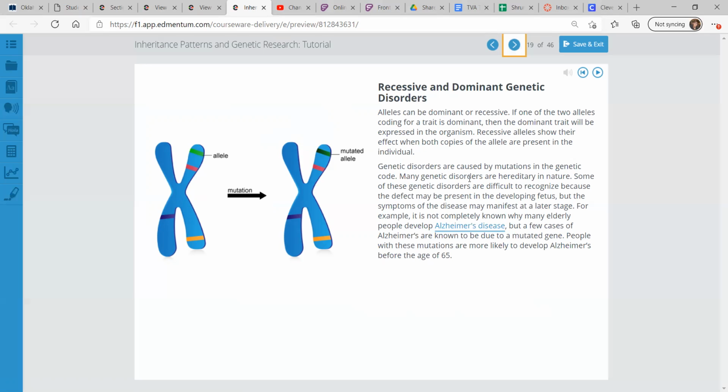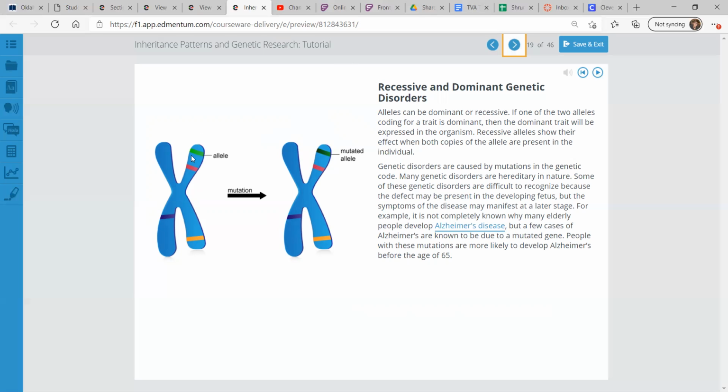For example, it is not completely known why many elderly people develop Alzheimer's disease, but a few cases of Alzheimer's are known to be due to a mutated gene. People with these mutations are more likely to develop Alzheimer's before the age of 65.